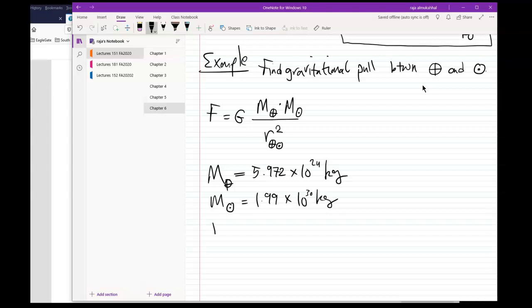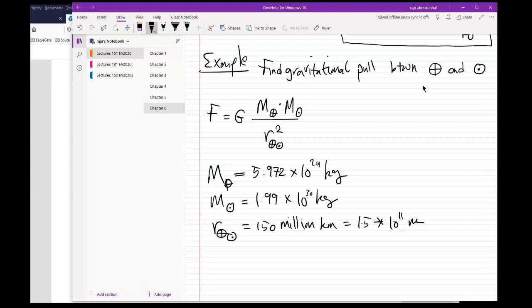And the distance between the Earth and the Sun is equal to 150 million. I have to look it up on Google. It gives me 150 million kilometers. What that means, well, million is 10 to the 6. So it becomes 1.5 times 10 to the 11 meters. Okay, it has to be in meters, right?